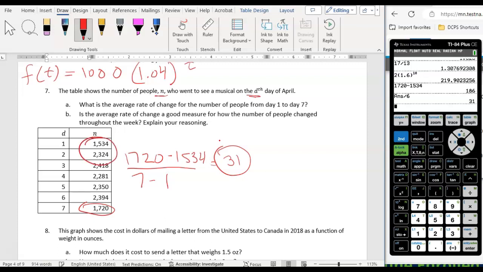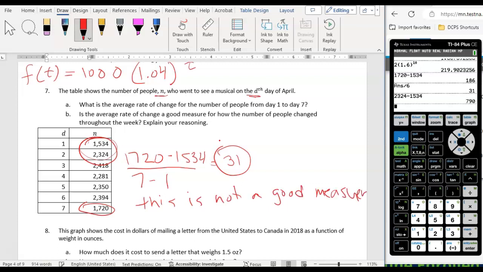However, if we look at this first jump here, 2,324 minus 1534, we get 790 here, right? So this is an increase of 790. So this is not a good measure.